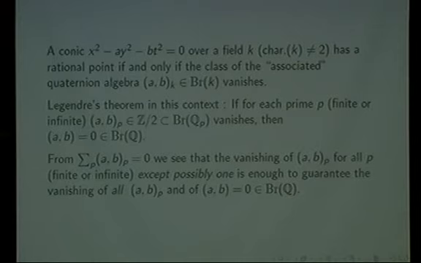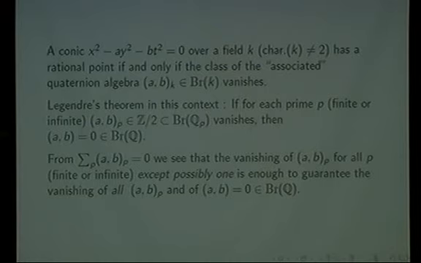So if I have a conic over a field K, the fact is that the conic has a rational point if and only if the class of the corresponding algebra (a,b) vanishes. So this is one case where the existence of a rational point on a variety just translates as some element in the group being 0, which is much nicer from the point of view of mathematics.